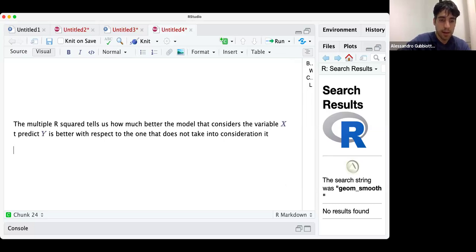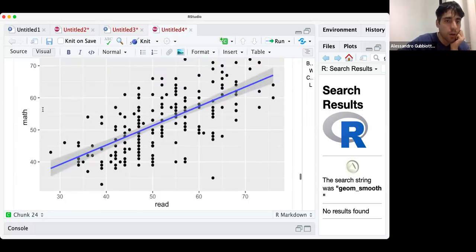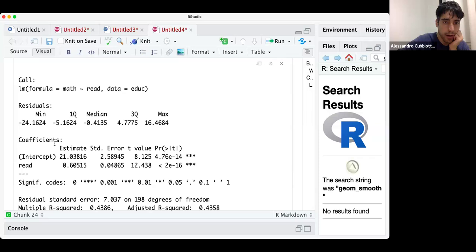Then the test that you can see here. We go back to the coefficients, and the coefficient that goes in front of the read variable, the slope, is 0.66.